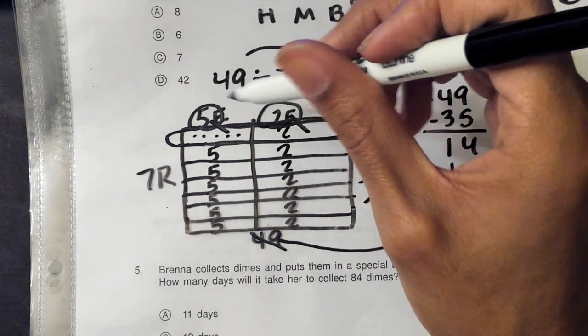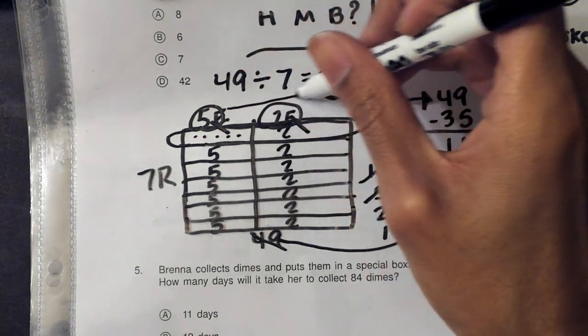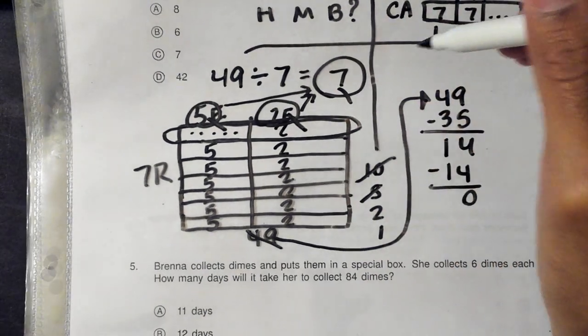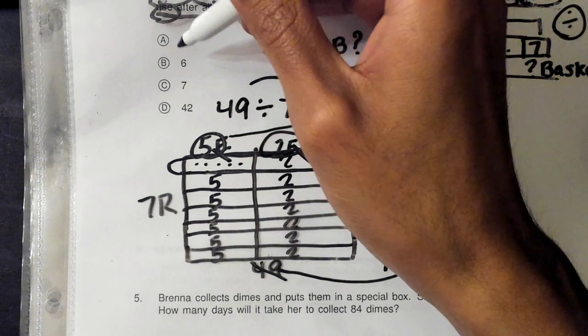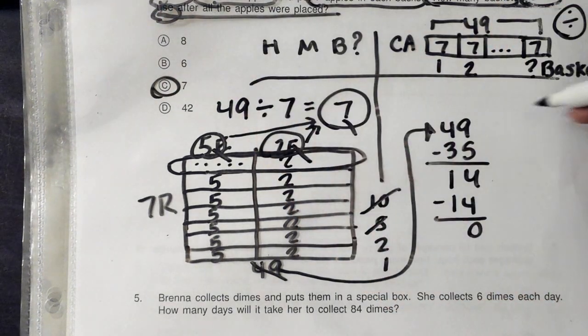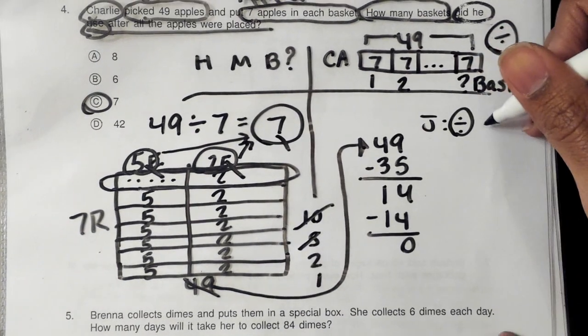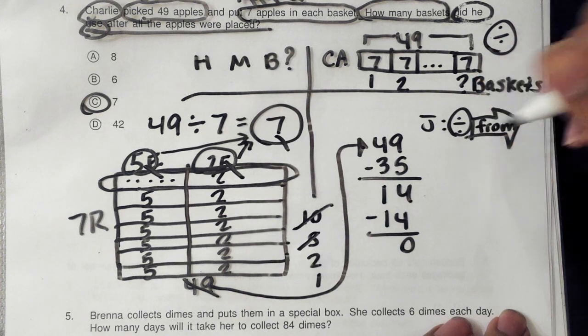And I need to put my partial quotients together to see what my quotient is. So when I put them together, I get a quotient of 7. That means that there are 7 in each group. Let's see which one matches. I can justify by writing down that I shared from 49.